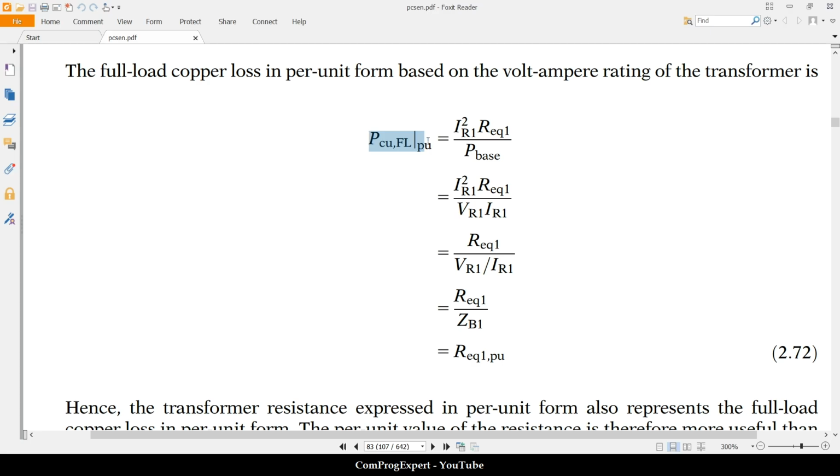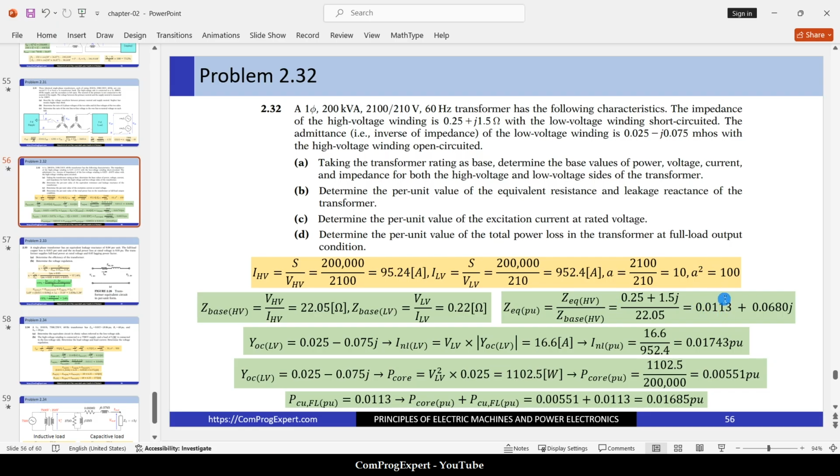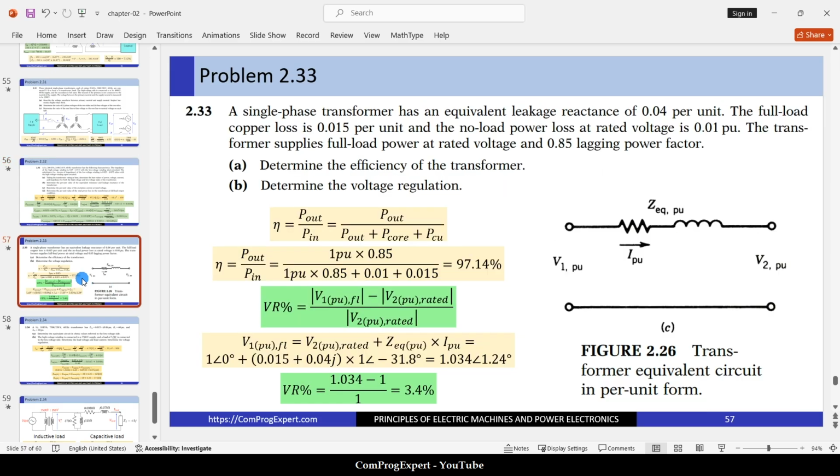So the per unit full load copper loss is equal to the per unit equivalent resistance. And the total per unit value for all losses is the summation of these two, that is 0.016 per unit. So you can redo the calculations and solve this problem yourself again.